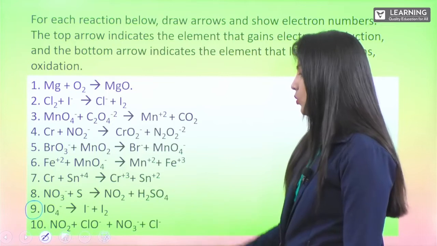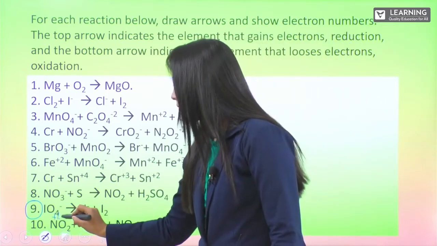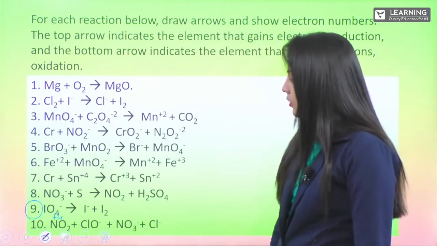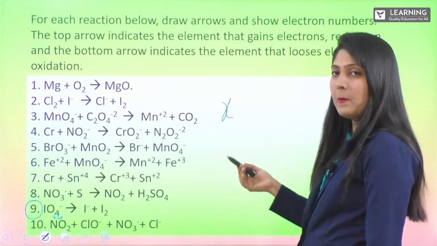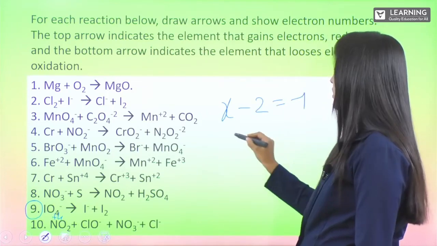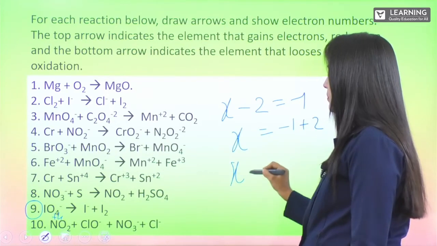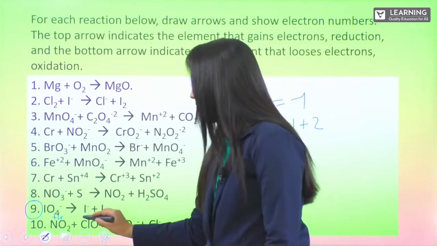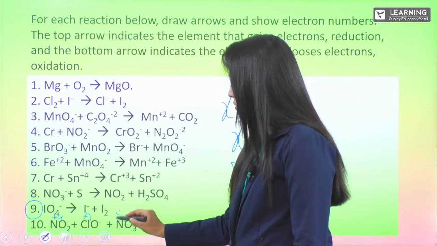Next one, NO2, which gives you +4 here. Chlorine, where chlorine gives you how much? X plus O minus, so it will be -2, which is equal to -1. So X is equal to -1 plus 2. It will be +1. So chlorine will have +1 here. Nitrogen will have +5.